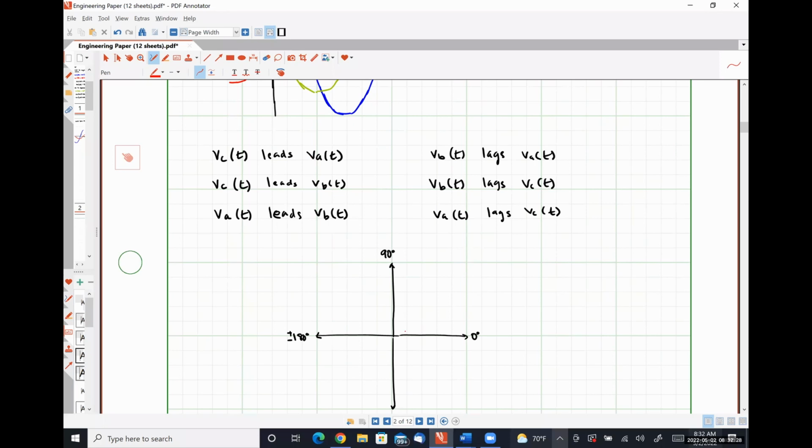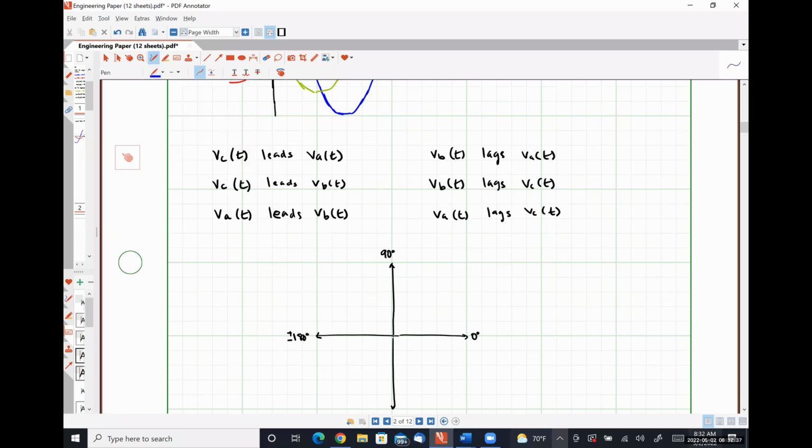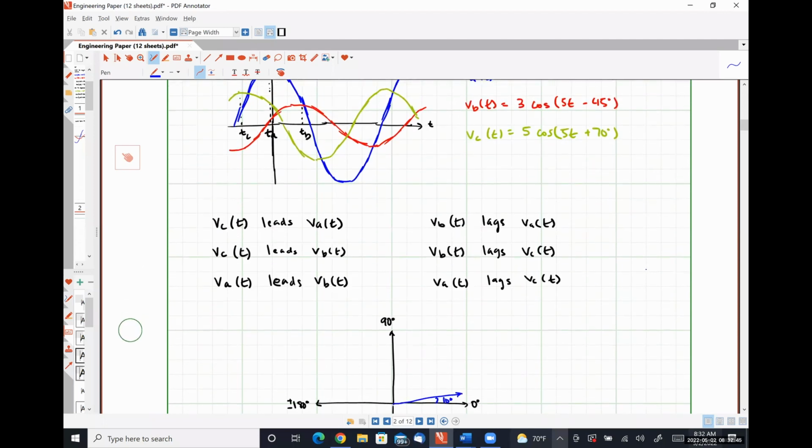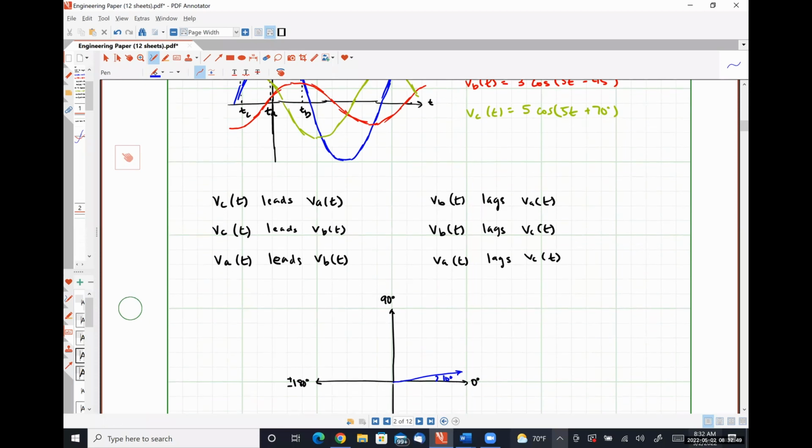So that would be something, oops, this should be in blue. Something like this. And for VB, we have an amplitude of 3 and an angle of negative 45 degrees.